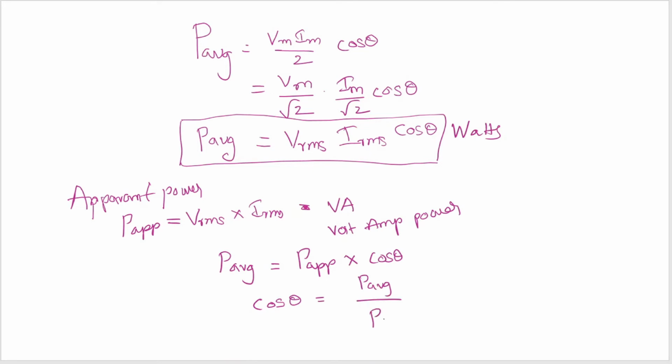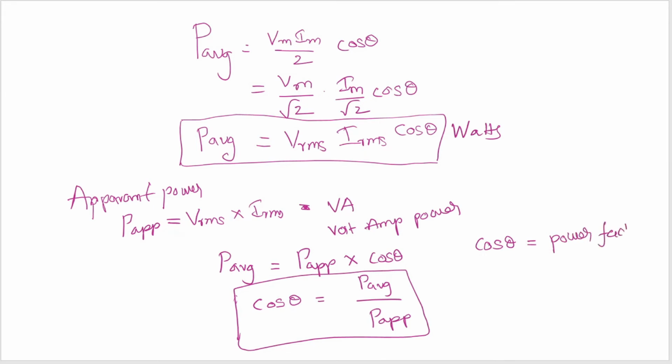Cos theta is nothing but the power factor. So what is power factor? It is the ratio of average power to the apparent power.